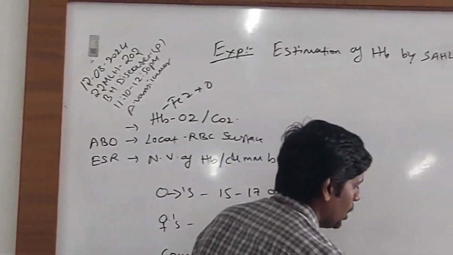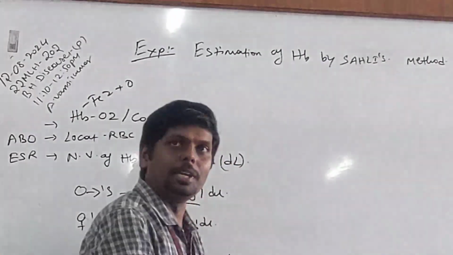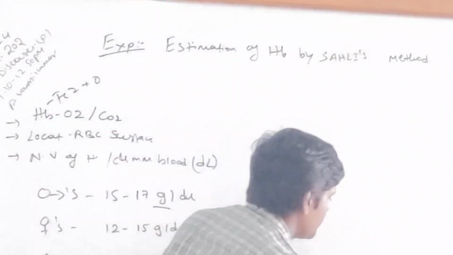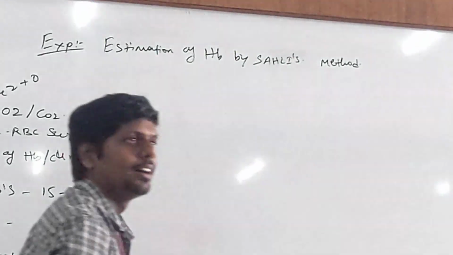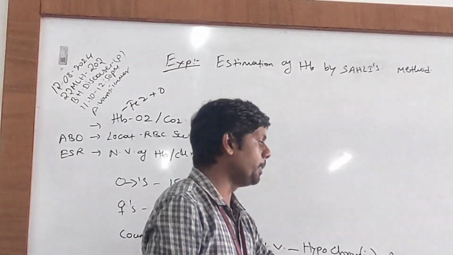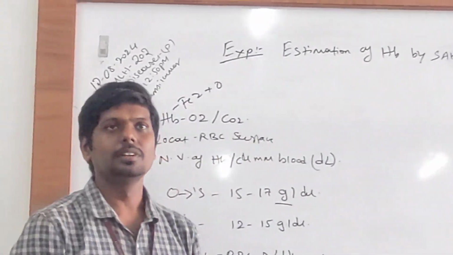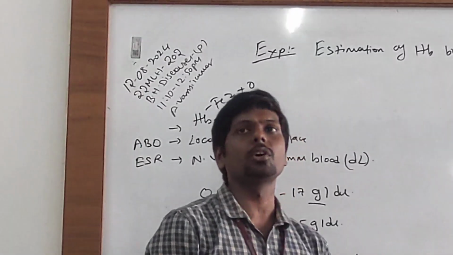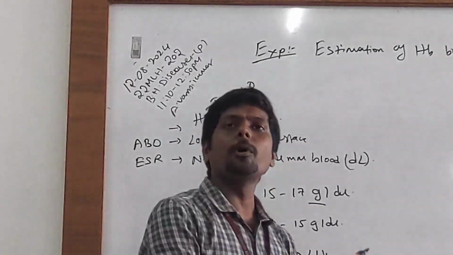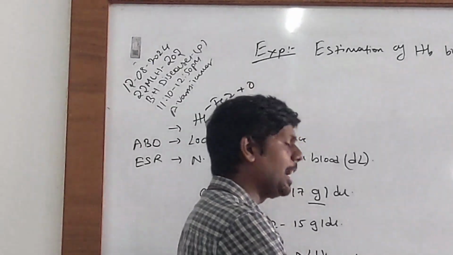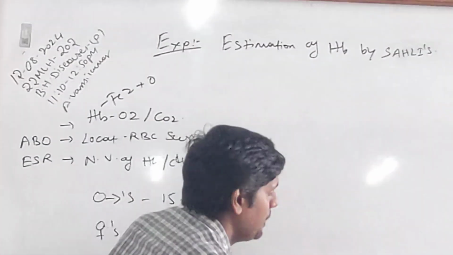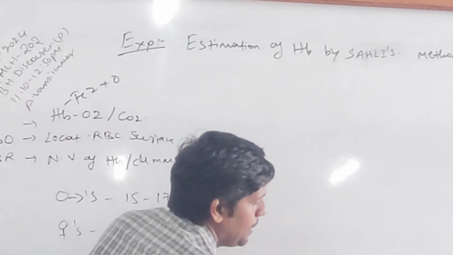So hypochrome, it means anemia. A decreased HB count leads to an anemia called hypochromic anemia. That means less colored anemia, right? The opposite, an HB value greater than normal, is called hyper. That's it, hyperchromic anemia.